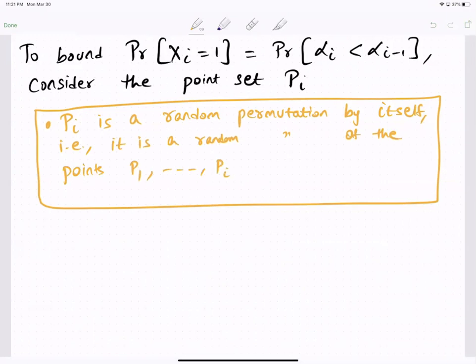Okay, this was capital P, these are small p's. All we are saying is you just fix these i points, p1 to pi. Within themselves, they're again a random permutation. So that's a simple observation, but a very important observation.